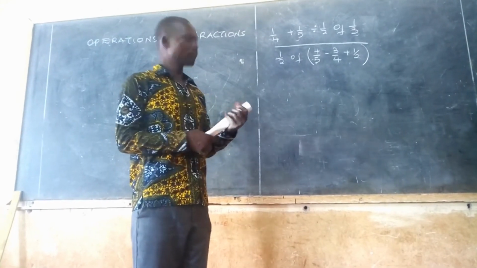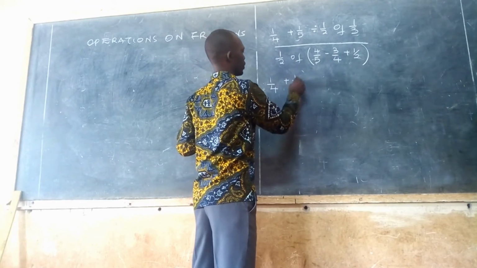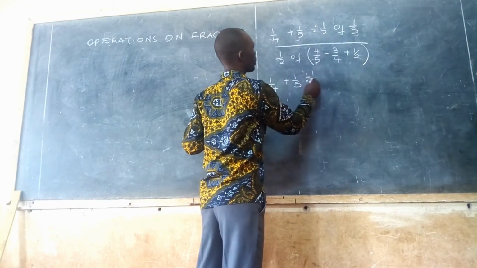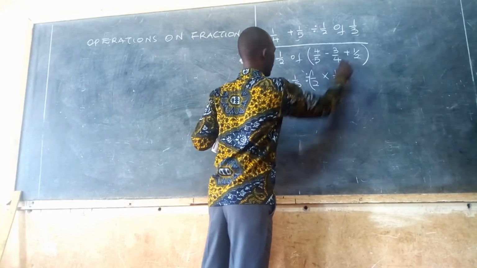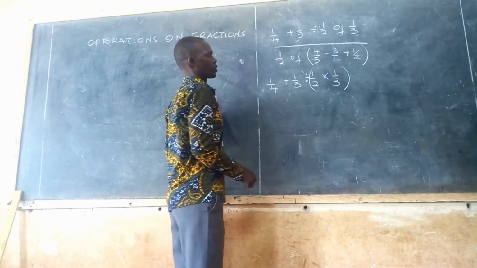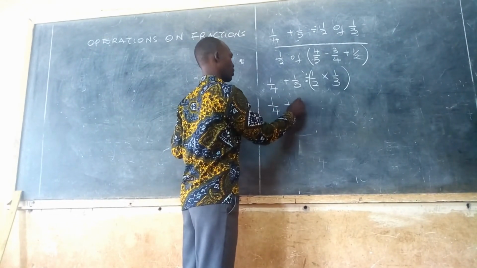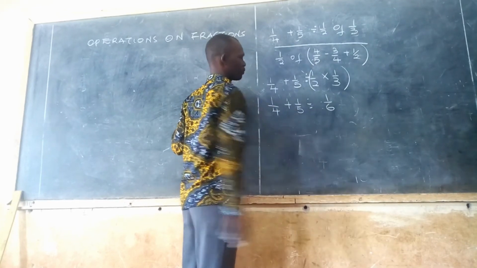Do not mix them. 1 over 4 plus 1 over 5 divided by, a half of means times, 1 over 3. So that will give me 1 over 4 plus 1 over 5 divided by 1 over 6.